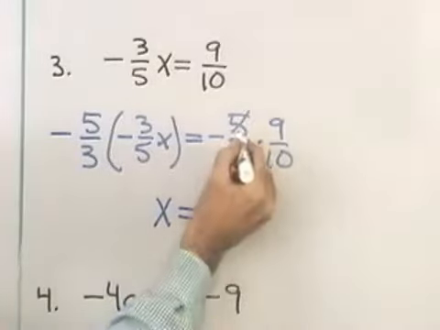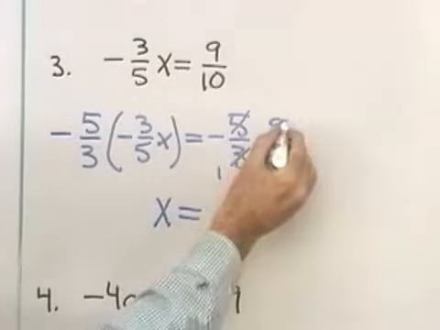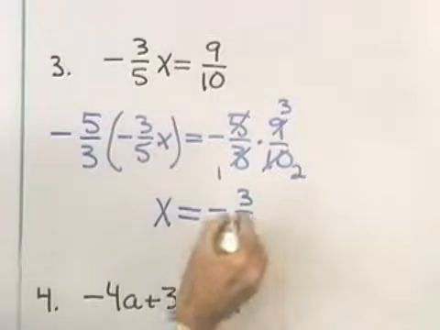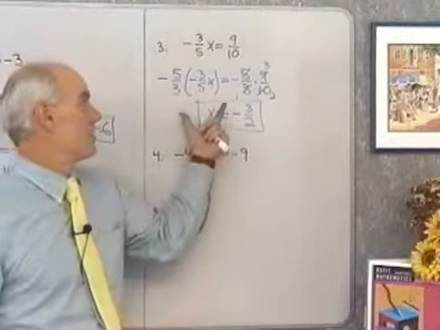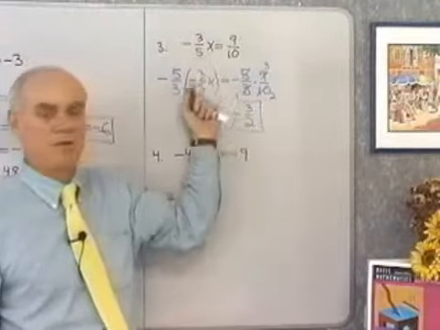And then, let's see, I'll divide out the common factor 5 there, and I'll divide out the common factor 3 here. So I end up with -3/2 for that solution. So I solved that equation like I did the first couple of equations by multiplying both sides through by the reciprocal of this number in front of x.